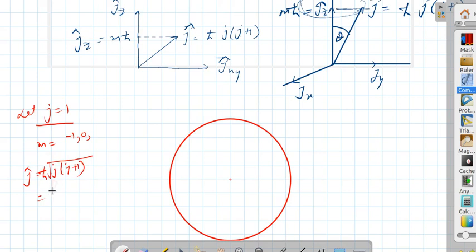So it is h cross root of 1 into 1 plus 1. So it is root 2 h cross. Its value will be root 2 h cross.